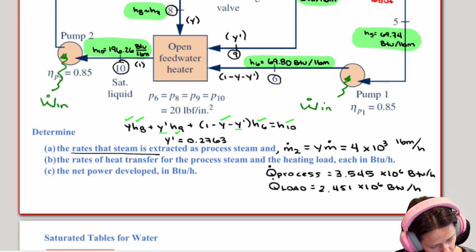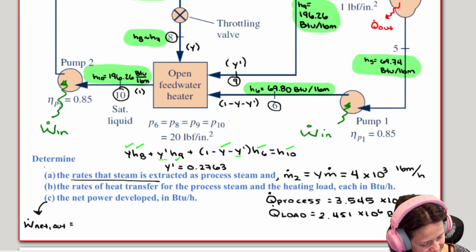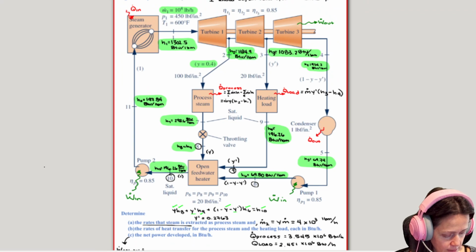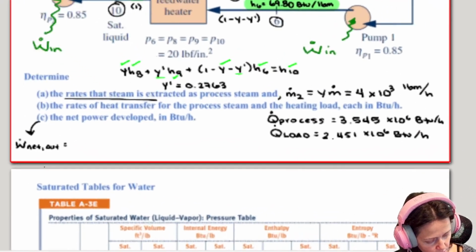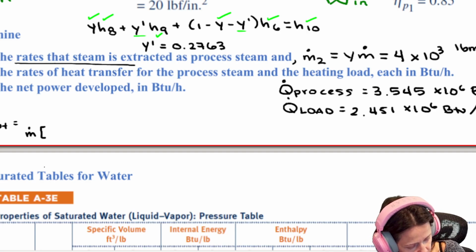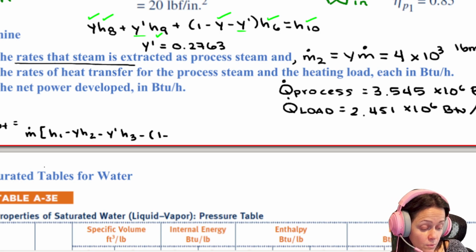So we did the net power developed, right? So let's get a governing equation for that. It might be a long one. For our turbine, we've got things going in at 1, things leaving at 2, 3, 4. So it's m dot times h1 minus y h2 minus y prime h3 minus (1 minus y minus y prime) h4.